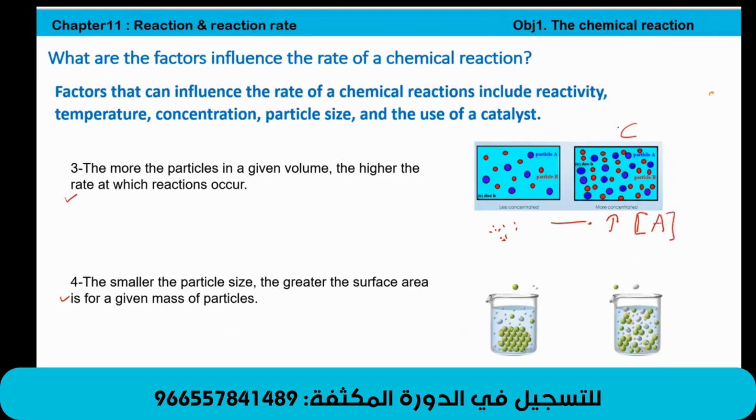Of the reactants, of course. I need more reactants to speed up my reaction. If you want to burn my paper faster, increase more oxygen, add more papers. So increase the reactant. So the rate will be directly proportional to the concentration of reactants.